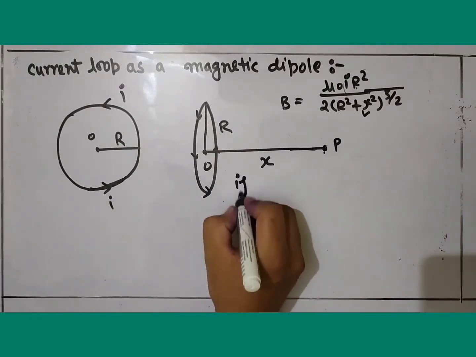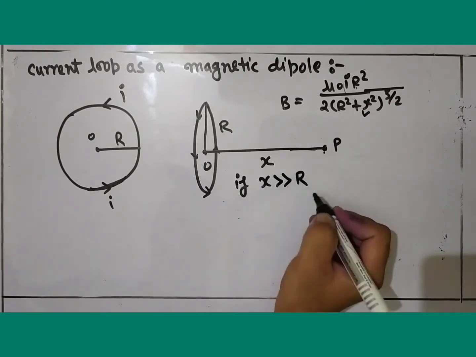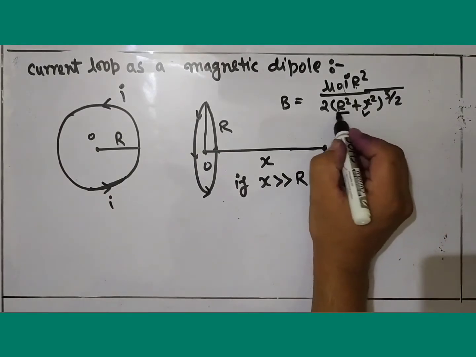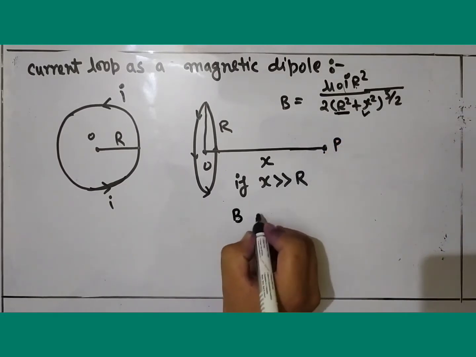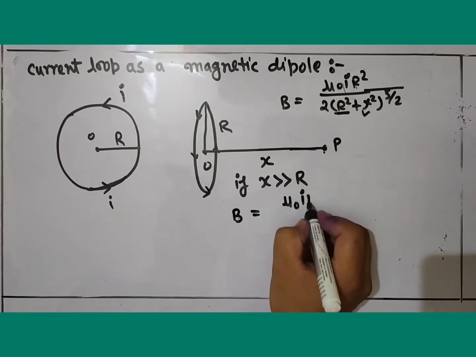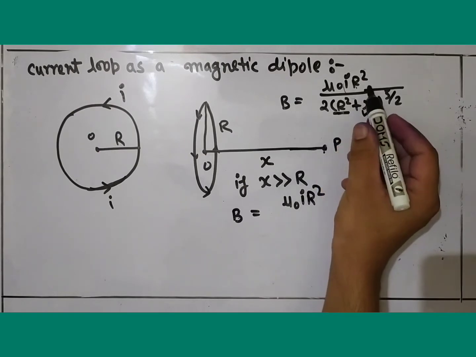So if the point is lying far away from the center of the loop, meaning if x is greater and greater than R, we can neglect the term R square. So it will become B is equal to mu naught I R square. We will remove R square only in the denominator, not in the numerator.